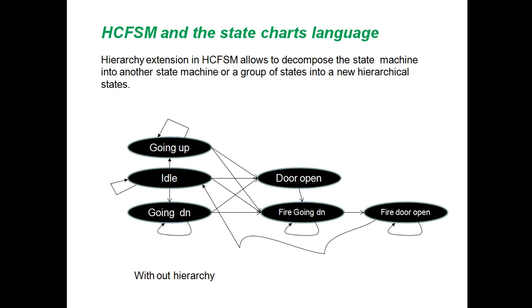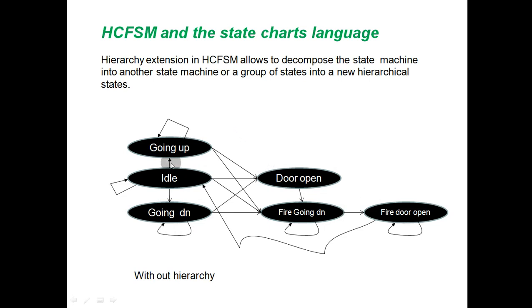new hierarchical states. Now, without the hierarchy, we have this idle state. This is the going up state and this is the going down state. As the door opens, then the fire going down and the fire door open.